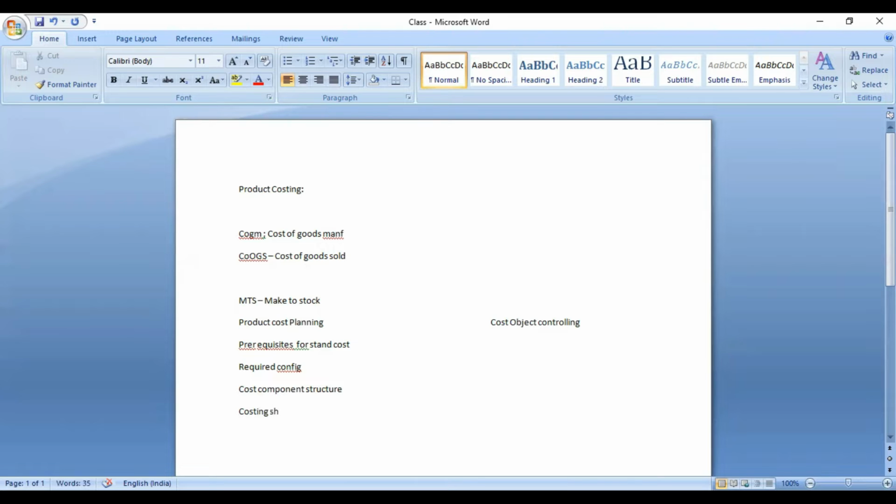I will explain each and everything: what the objective is, what this costing sheet will do, how we need to use this cost component structure, and what the purpose of each is. I will explain everything one by one.